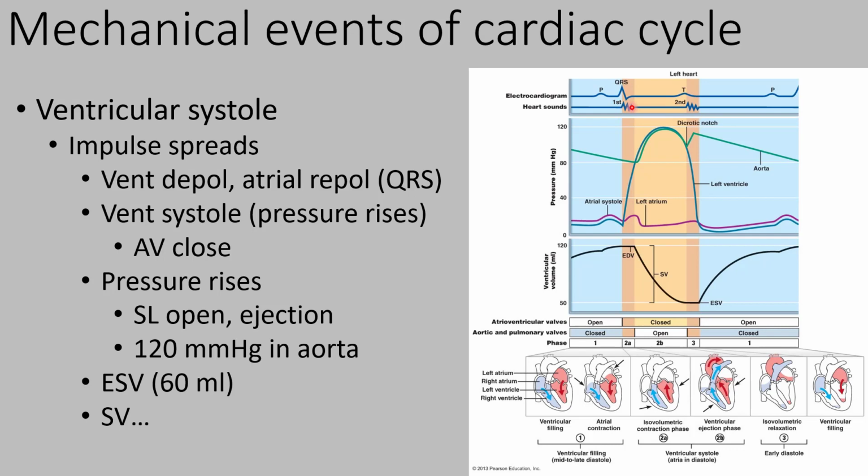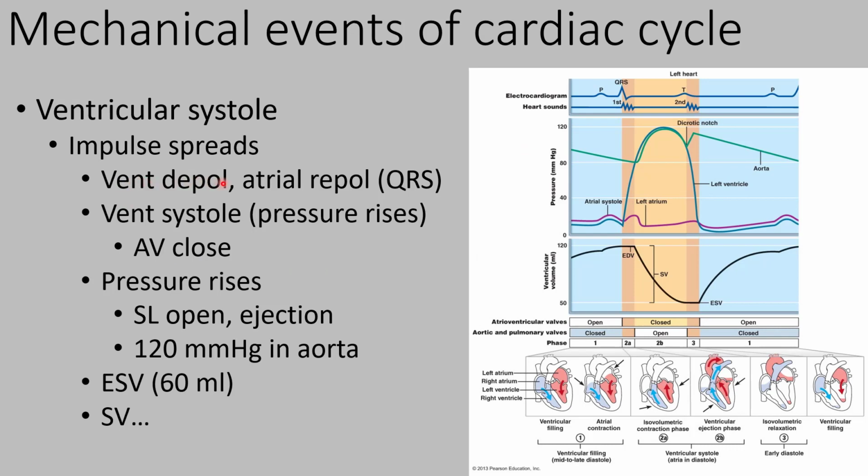Think back to our autorhythmicity pathway. That action potential is spreading down the bundle branches, up through the Purkinje fibers, and across the walls of the ventricles. So we get ventricular depolarization.